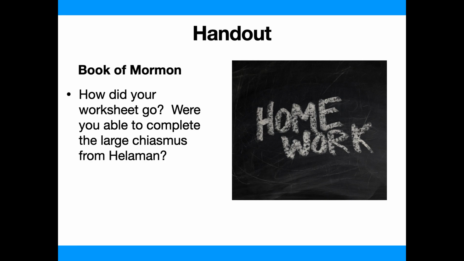One thing that was brought up in class is that finding chiasmus is very subjective. So just because what we're doing in class is taking directly from Donald Perry's book and finding what he found, it doesn't mean that when you're looking for chiasms that you're going to be finding the exact same ones.